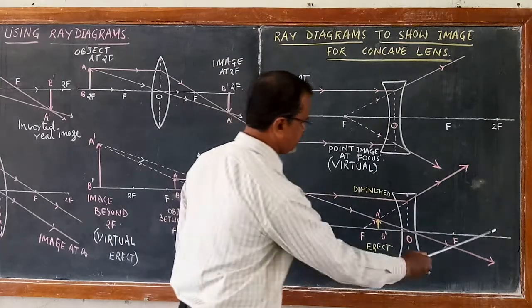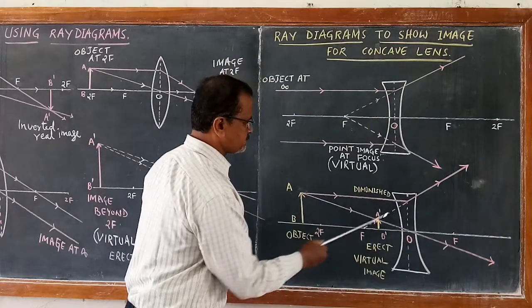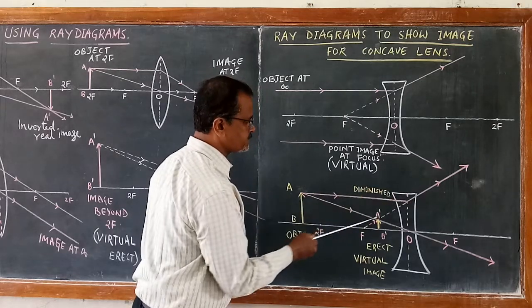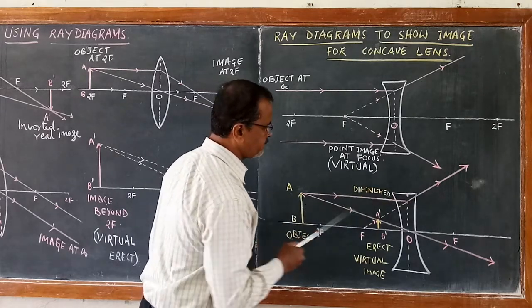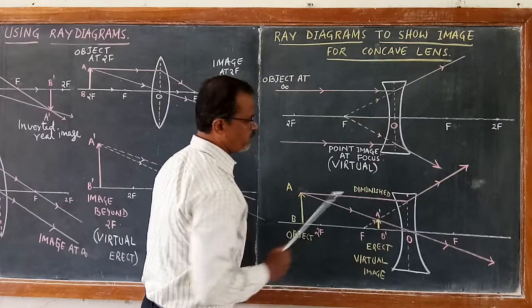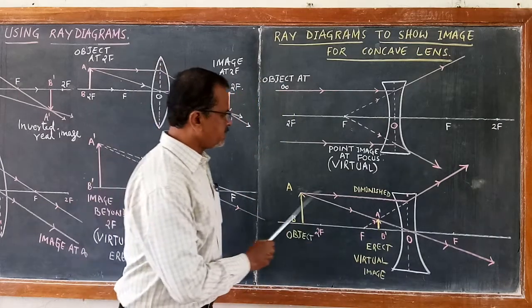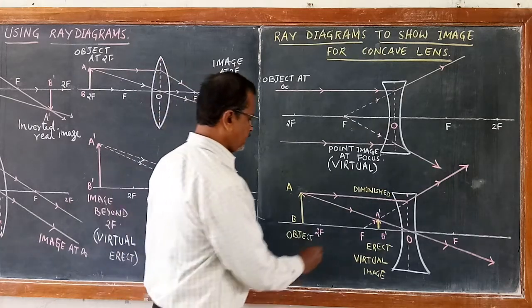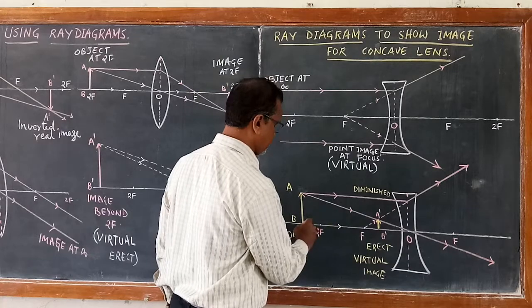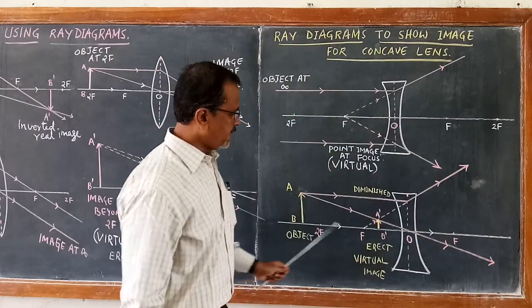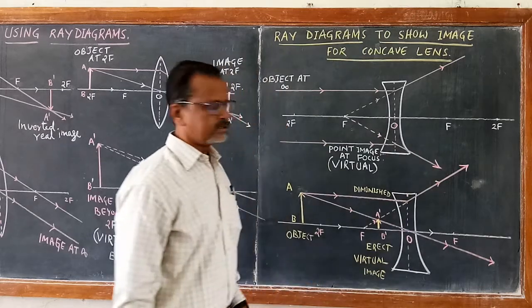The divergent ray which is produced back and the ray passing through the optic center merge at this point, and that forms the image of A. The ray going directly along the principal axis forms the image here.